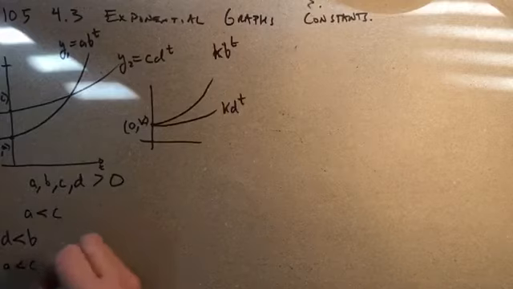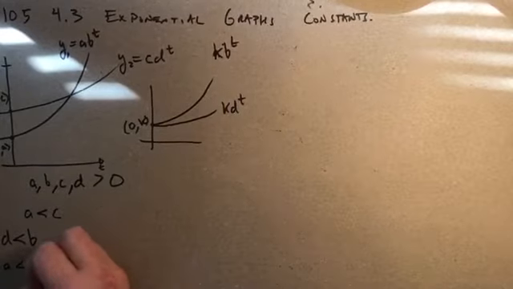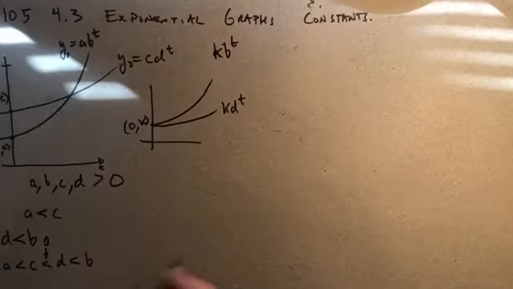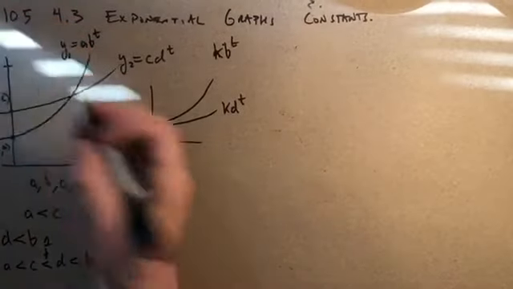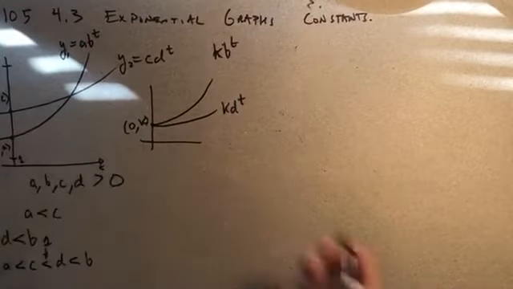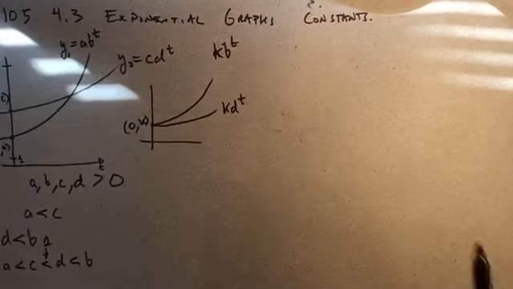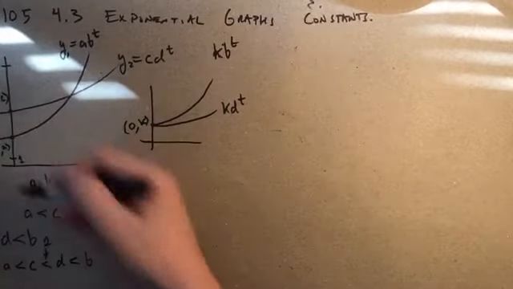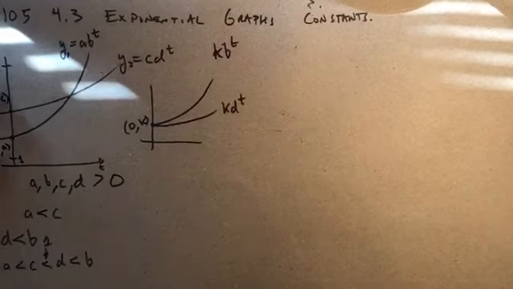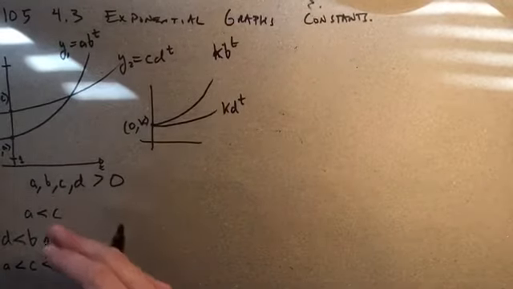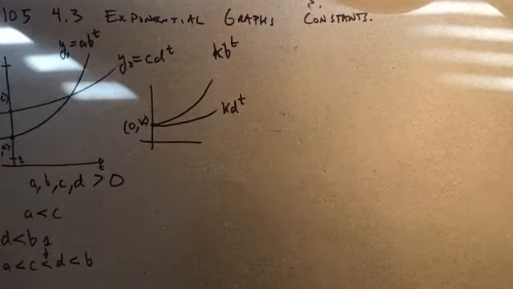That's if we have 1 right in here. But if I don't know where 1 is, we have no way of telling. We know that b and d are greater than 1, but because there's no scale here, we can't tell which of these is related to b or d in any sense of the word.